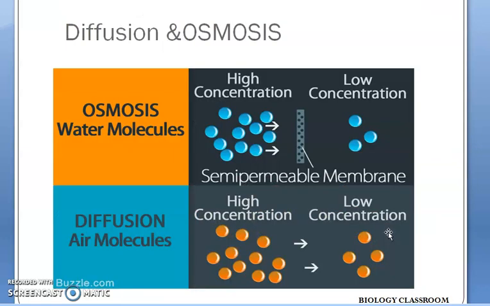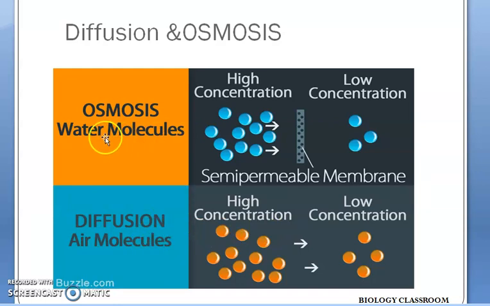So diffusion is a process in which spontaneous movement of molecules takes place from higher concentration to lower concentration, and this process will continue until an equilibrium is maintained in the medium, and gases like carbon dioxide and oxygen will move by the process of diffusion across the cell membrane, right?